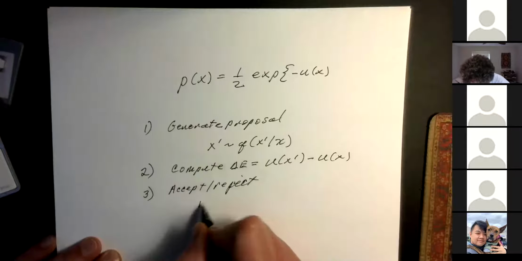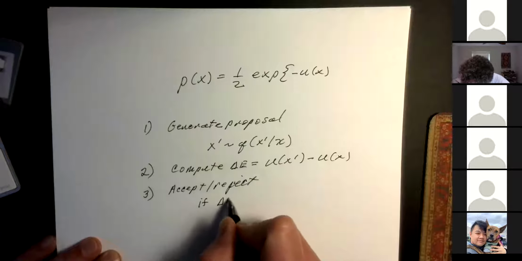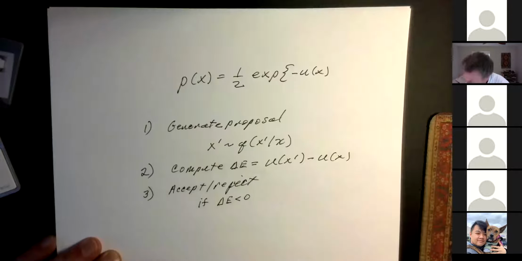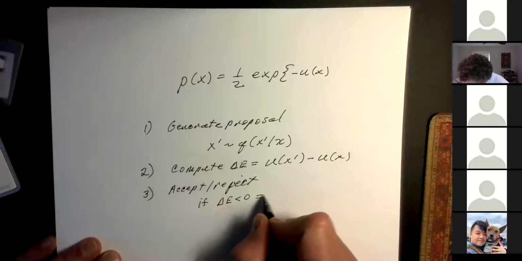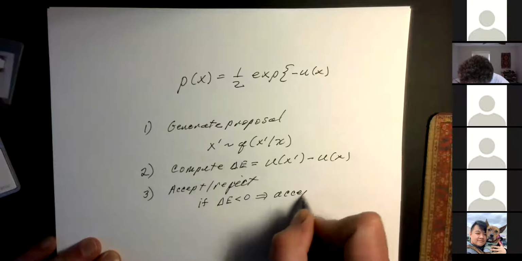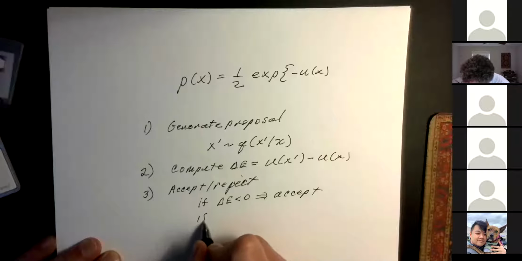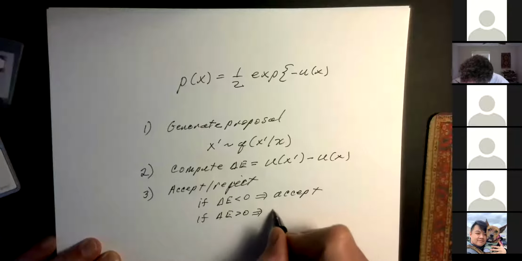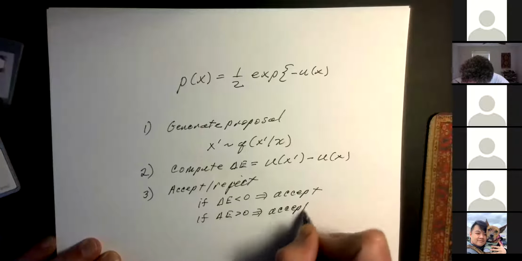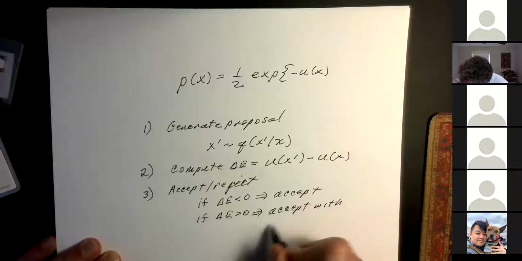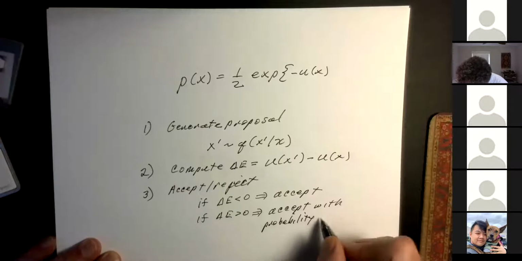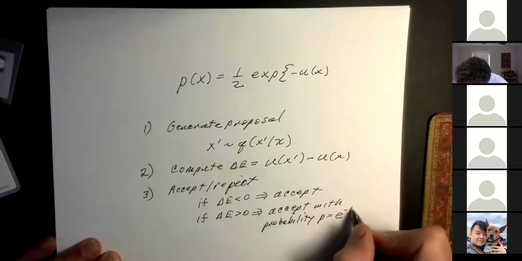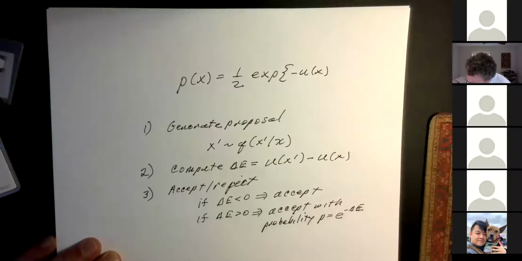If delta E is less than 0, so if the energy goes down, you accept. If delta E goes up, you accept with probability P equals e to the minus delta E. And then you repeat.